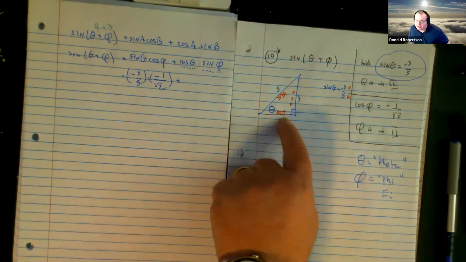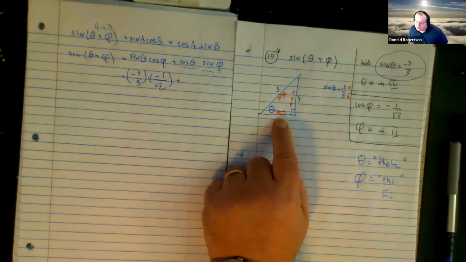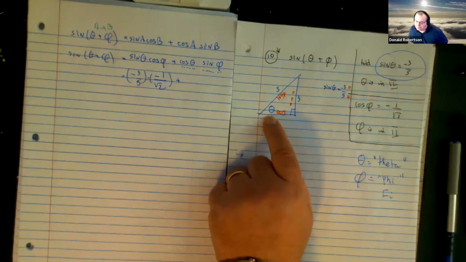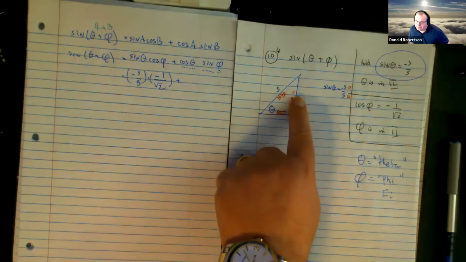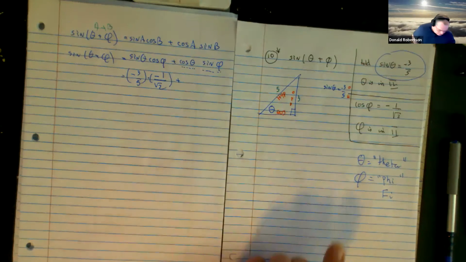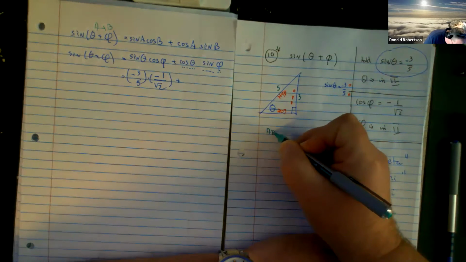Okay, how long is the adjacent? You could probably do it in your head, but if you can't, at least tell me how you would get it. Pythagoras. Okay, here we go then.